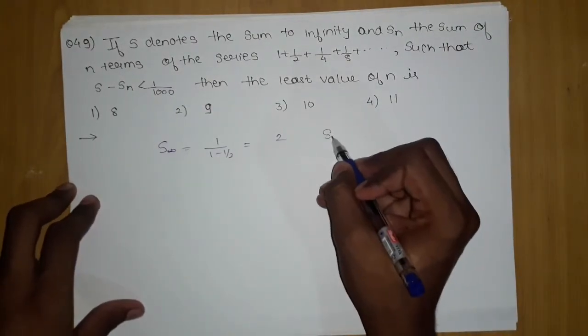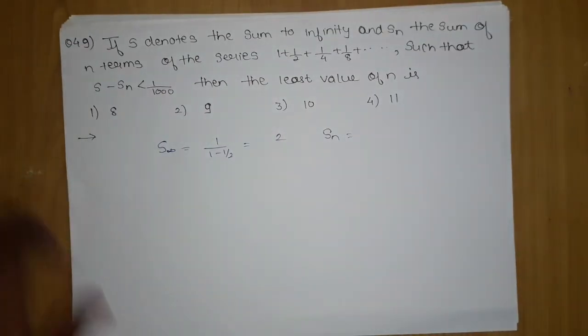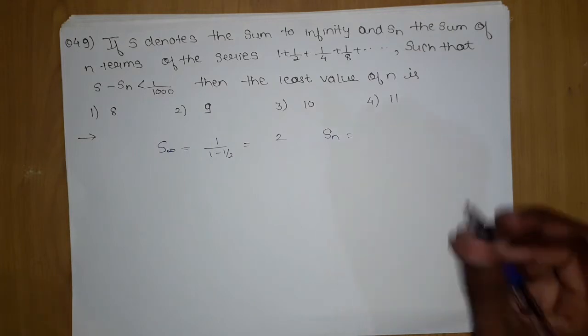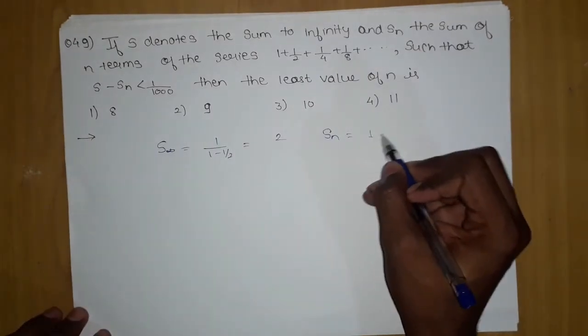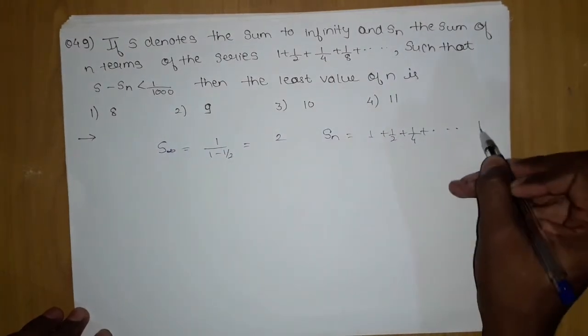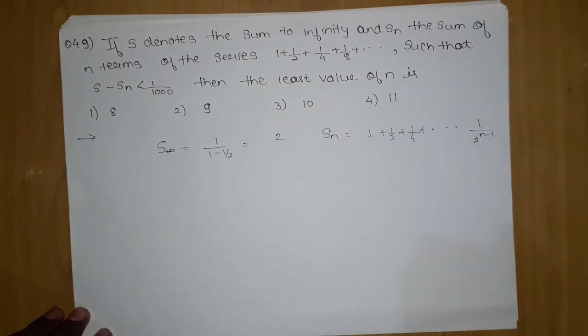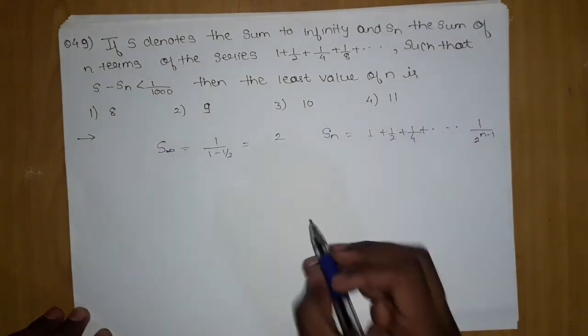Now Sn will be what, it will go on till 2 power minus n minus 1. First let me write the series 1 plus 1 by 2, 1 by 4 and so on, so that you can understand, since it is beginning from 0, 2 power minus n minus 1 will be the last term, since it should have n terms.